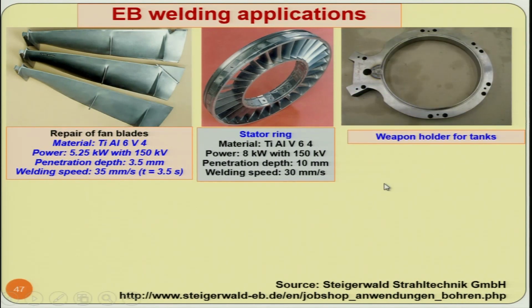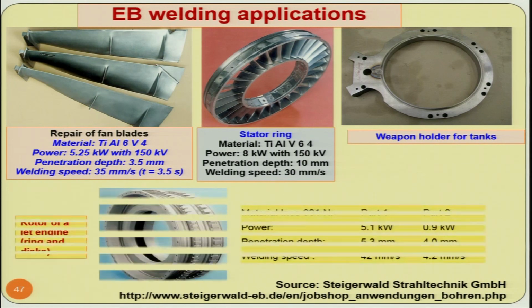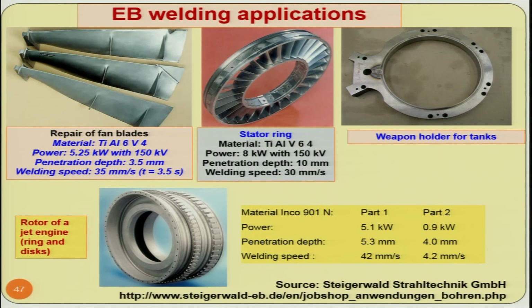This is the weapon holder for tanks which are used in war, and then you have the rotor of a jet engine. Ring and disc are shown over here. These are the actual pictures of the rotor.